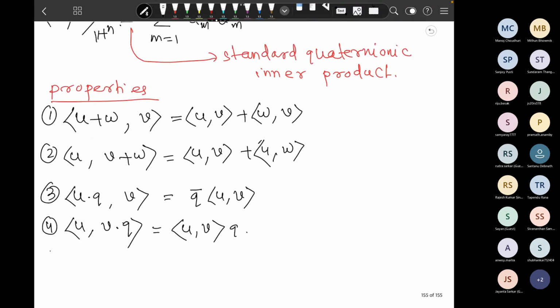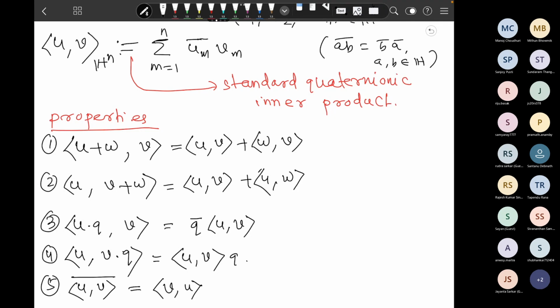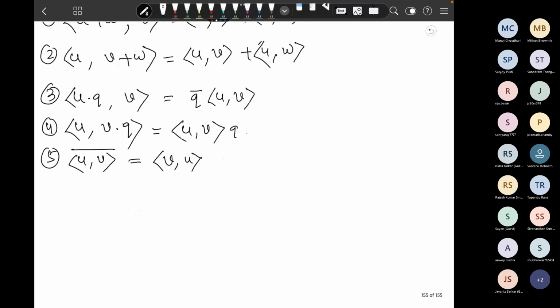Now the fifth property is also important. The inner product of u and v, bar, is equal to the inner product of v and u. You use the property that the bar of ab is equal to b bar a bar, where a, b belong to H. So the fifth property is clear.